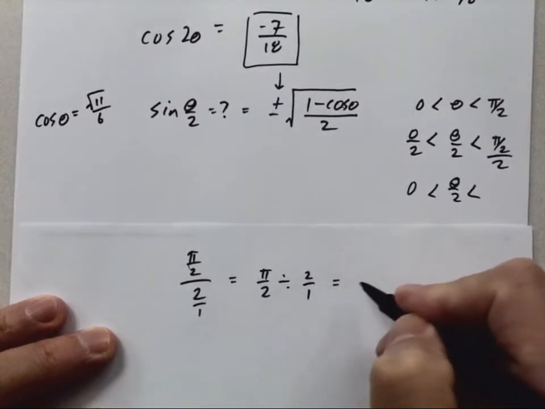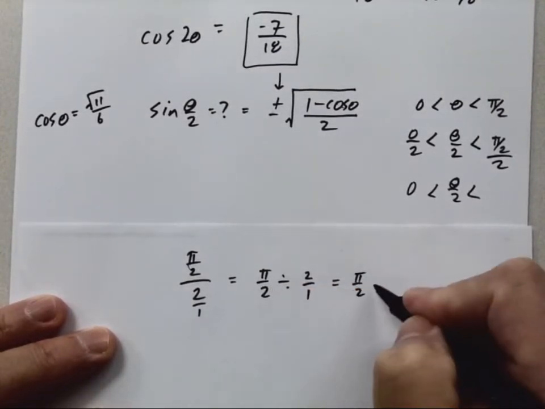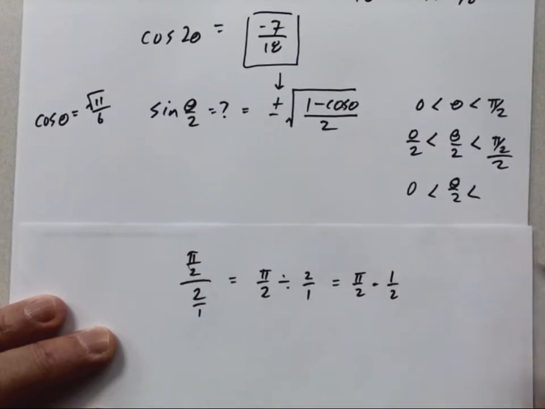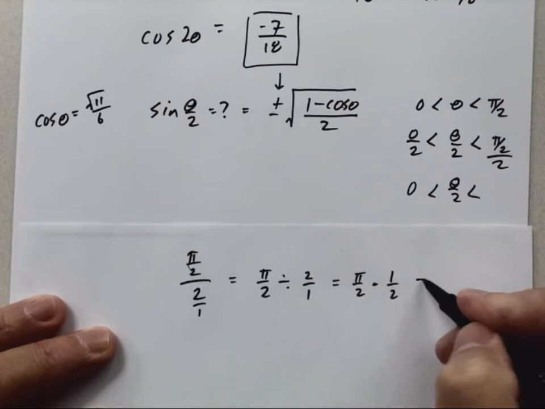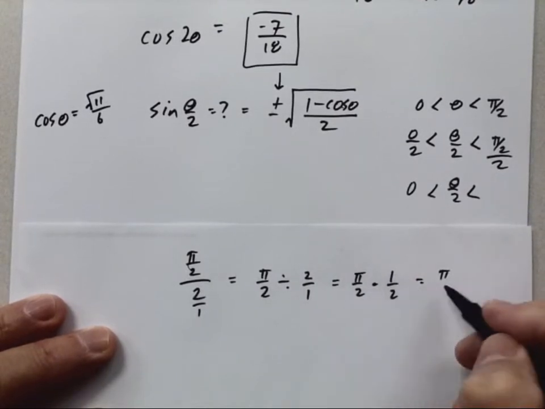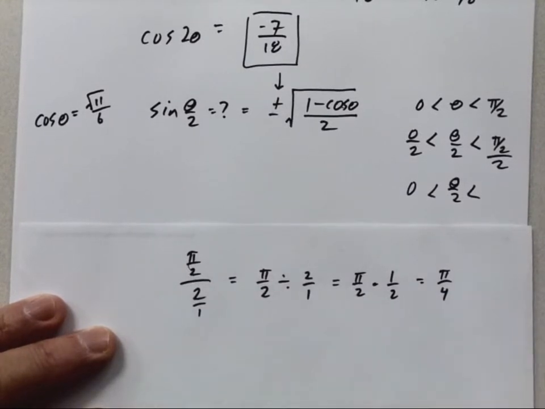Now, the way we divide fractions is we write the first fraction, then we multiply by the reciprocal of the second fraction. Multiplying fractions, we multiply the numerators, multiply the denominators. When it's all said and done, this thing is pi over 4.